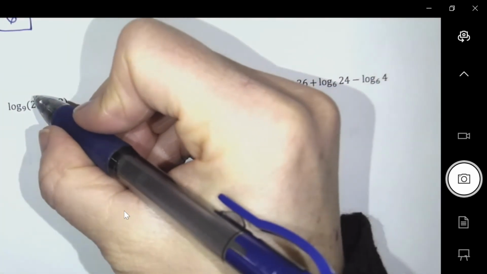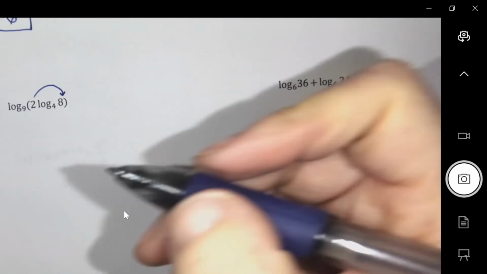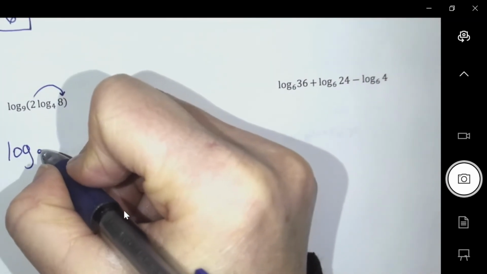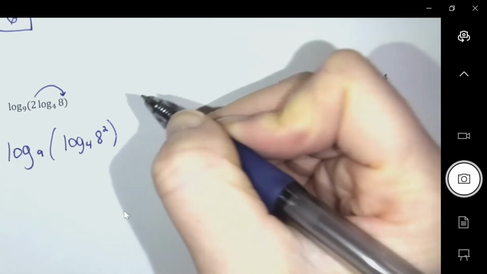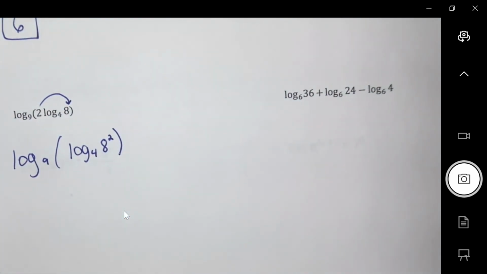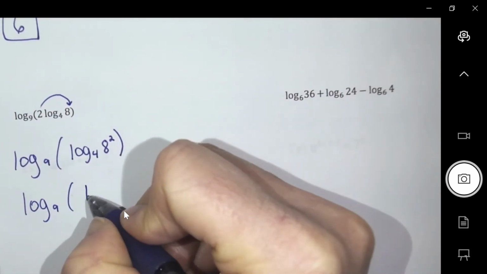I'm going to rewrite this because I have a rule. I don't like that 2 in the front. Okay, so that was me rewriting because I recognized a rule. And then I'm going to just change 8 squared.